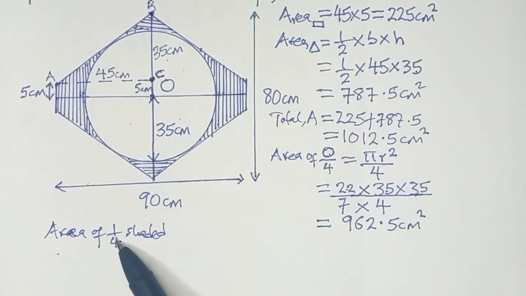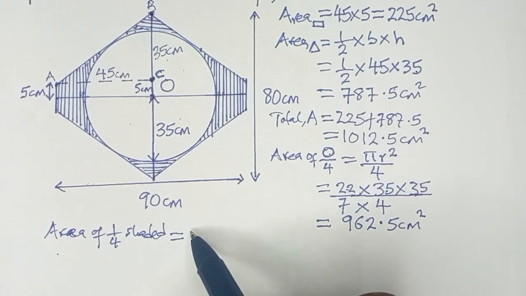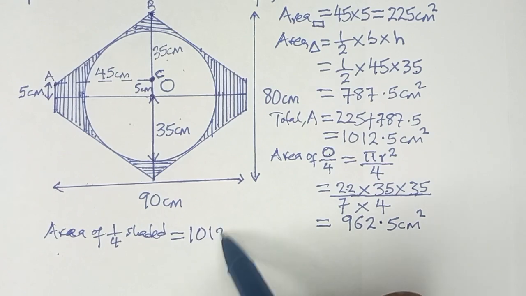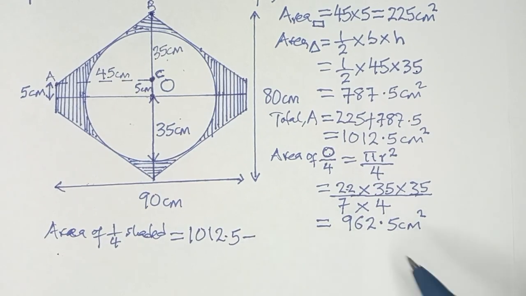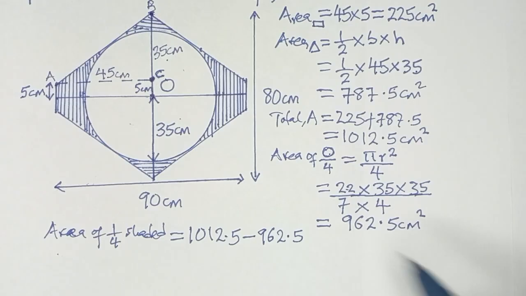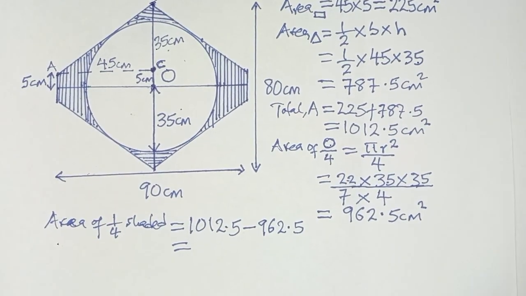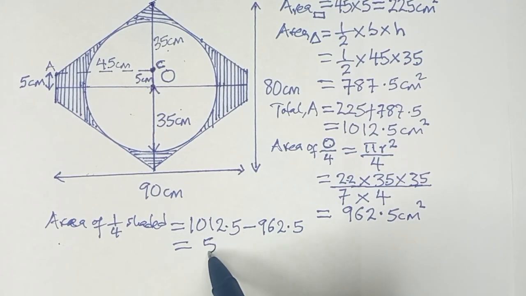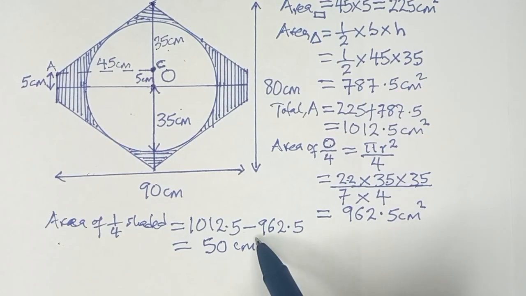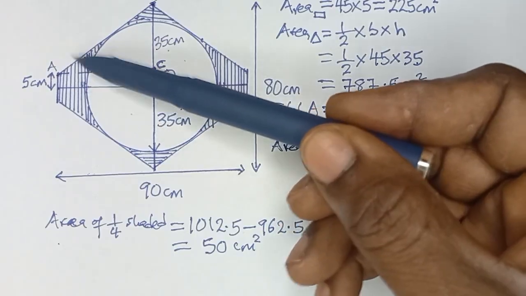So I'll say area of 1/4 shaded will be equal to the total area, that is 1012.5, minus the area of the quarter circle, and that is 962.5. Subtracting this is going to give us the area of that quarter part, or sorry, that 1/4 part, as 50 centimeter square.